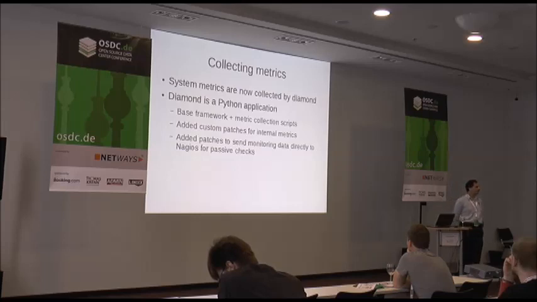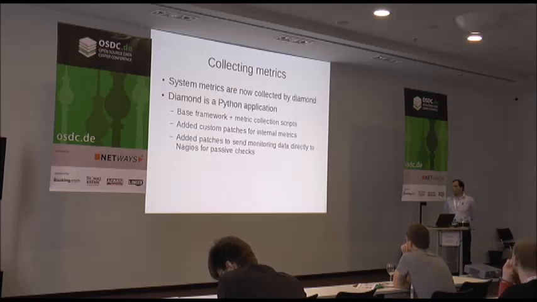Graphite will map anything that includes numbers. We added a few custom patches for internal specific metrics about how we do MySQL replication, delay monitoring, and stuff like that. Most of our patches have been pushed upstream, so if you do a recent enough checkout, you should have them already.